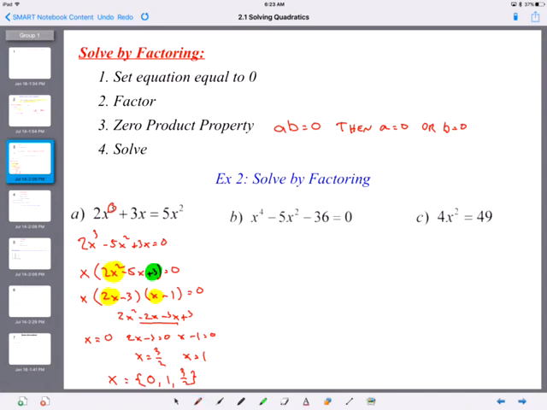On the next one, this is quadratic in form. It means you factor it like a quadratic, but because it has an x to the 4th, it's not exactly a quadratic. To get x to the 4th, you get x squared times x squared.